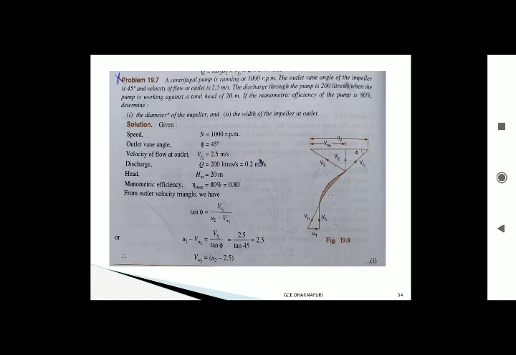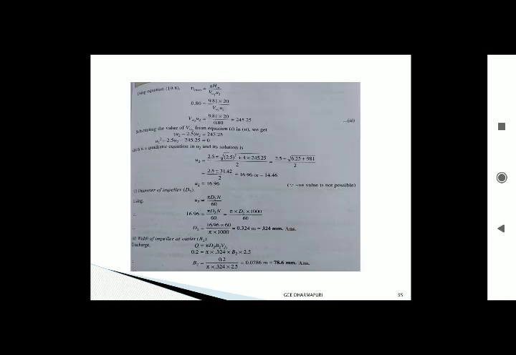For that, what I am doing is, they did the same thing. They considered the outlet velocity triangle. Tan phi is equal to Vf2 divided by u2 minus Vw2. In this I know Vf2, but I don't know Vw2 and u2. So Vw2 is equal to u2 minus 2.5. Then I know the manometric efficiency formula, 0.8 equals gH divided by Vw2 u2.